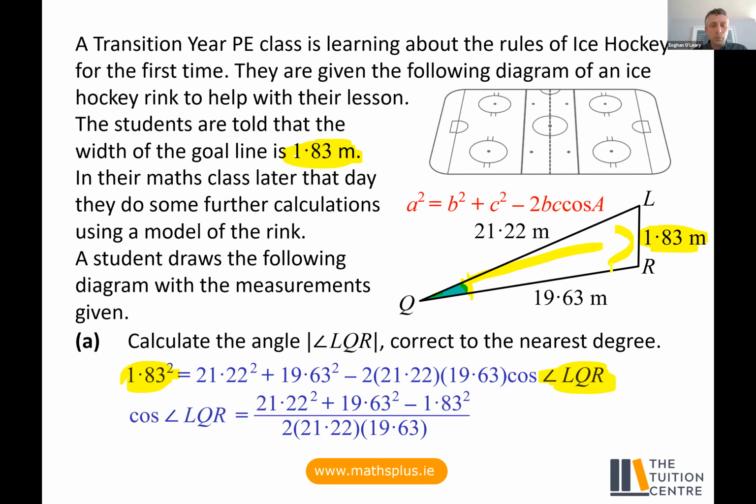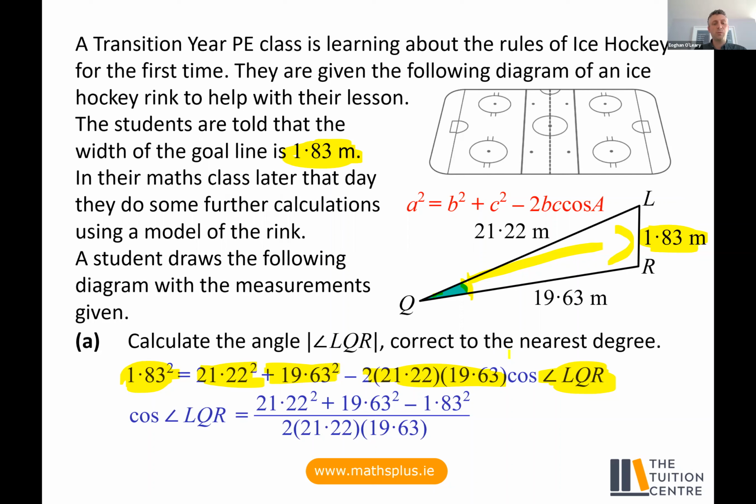So what can I do? Well, in this case, what's happened here is we've done a couple of steps in one. What you'll end up with is 21.22 squared plus 19.63 squared, both of them squared, and then you'll be subtracting away 1.83 squared, and you'll end up dividing by the coefficient on the cos.